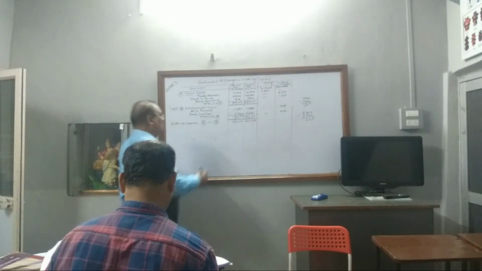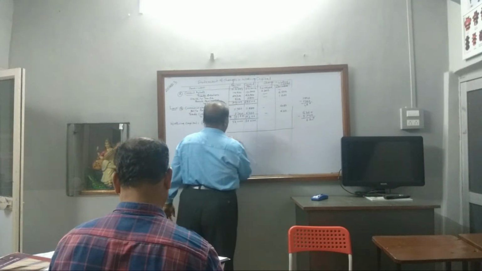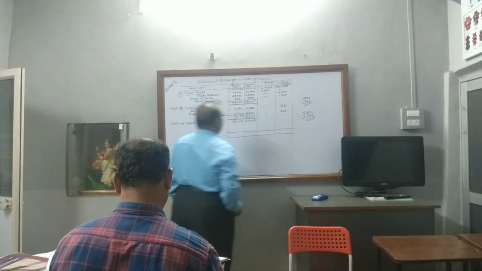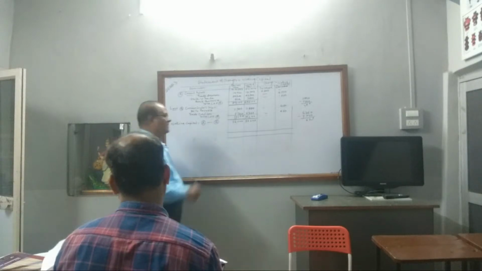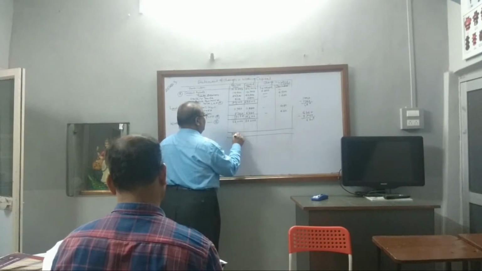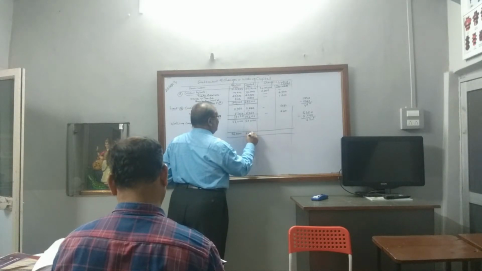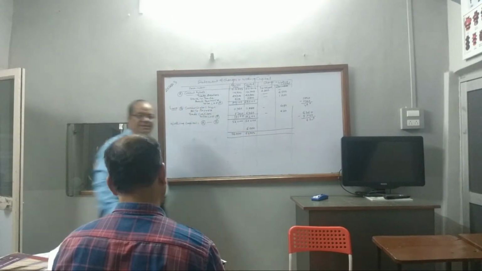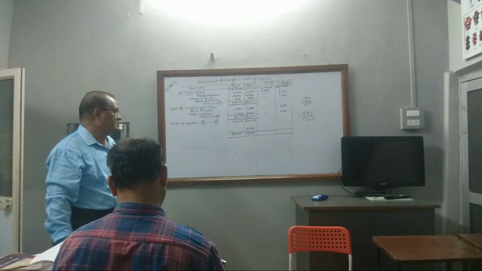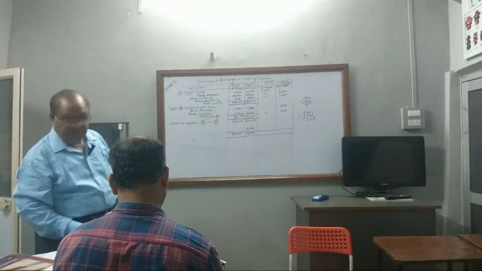Then you have to balance these things. How to balance now? Which is the heavier balance? 56 is heavier, so you take 56 on both sides and you'll get a balance of 6,000.